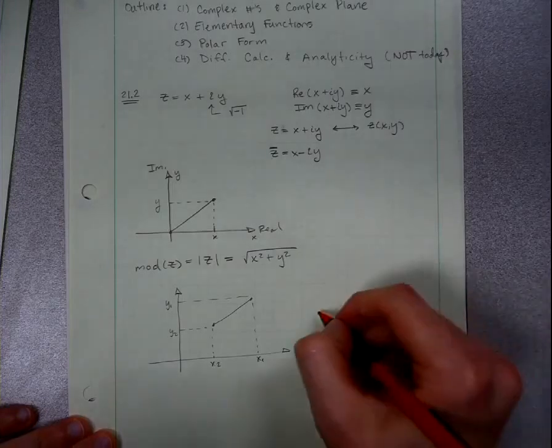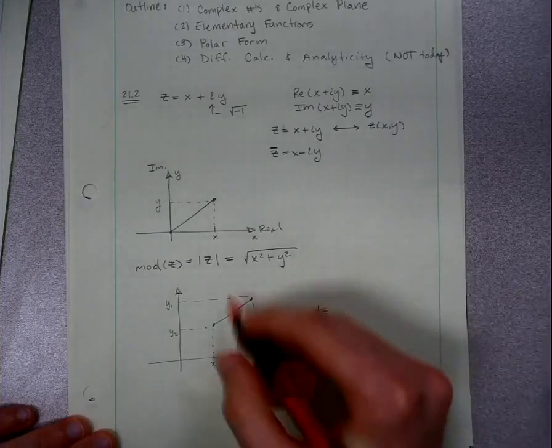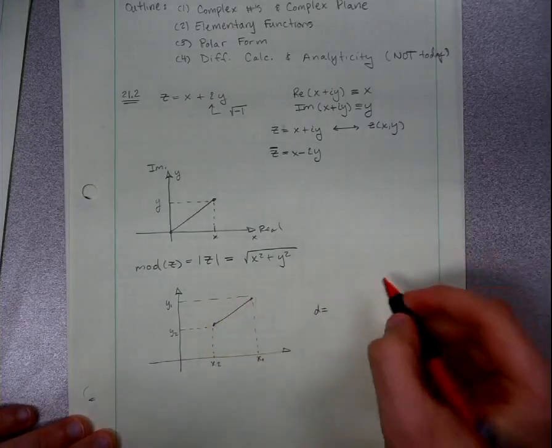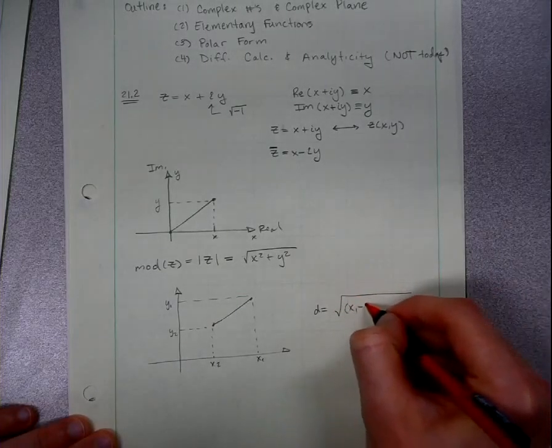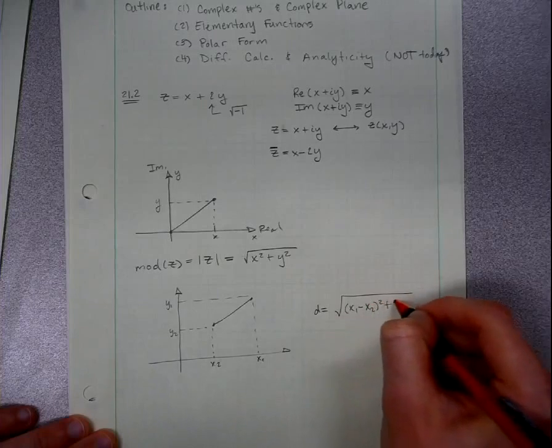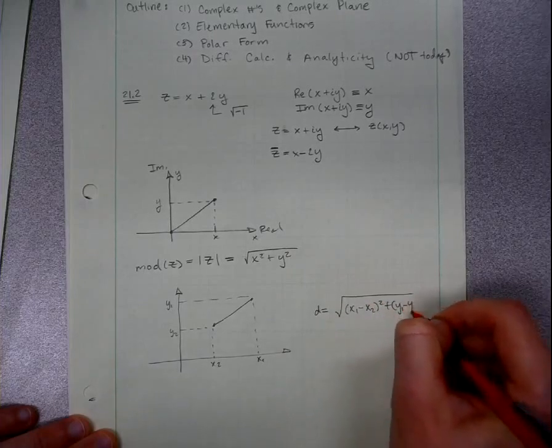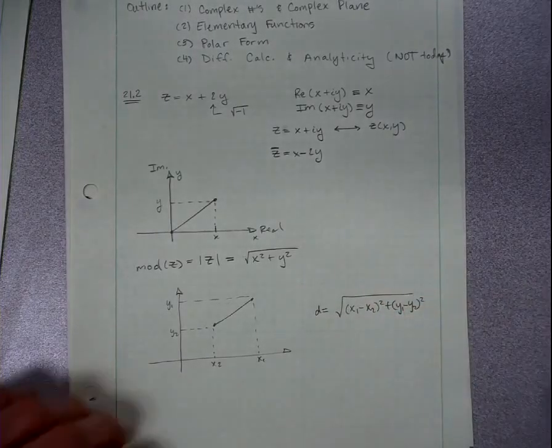So what we're going to do is probably pretty straightforward: the value of this length is just the square root of (x1 minus x2) squared plus (y1 minus y2) squared.